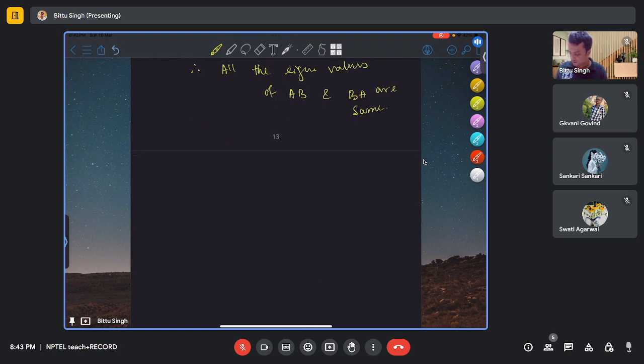Let us do another. This is an interesting problem. Here the operator is given by this integration operator.